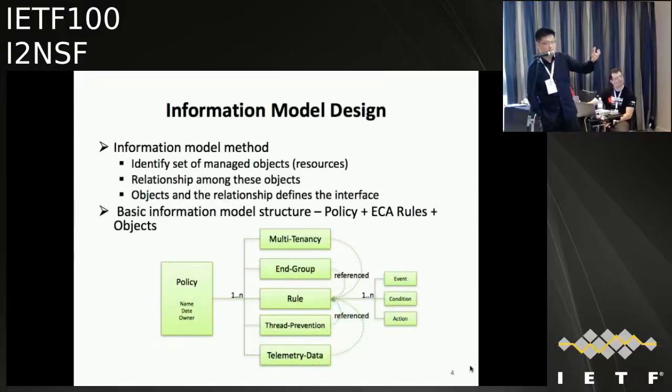And the rule is constructed by the event, condition, and action. I didn't modify any concrete content of any object. I just reorganized the whole architecture. So that's the current new architecture of this model.